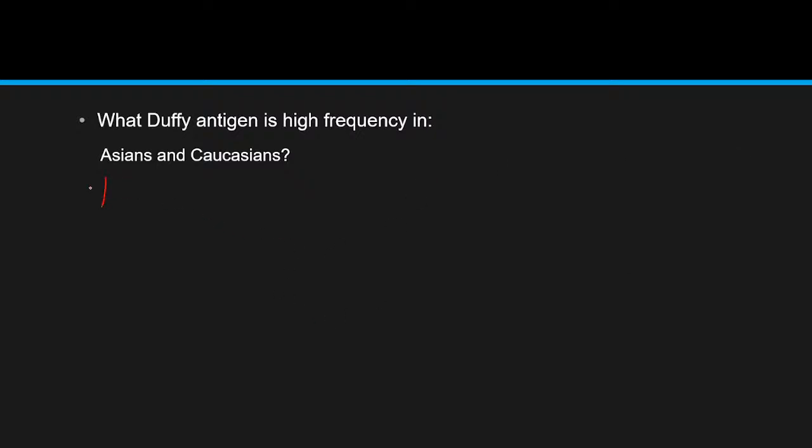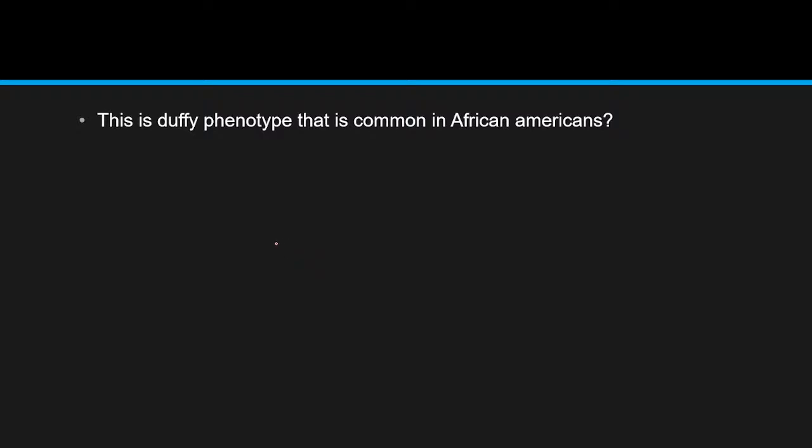The high frequency one for Asians is Duffy A, A for Asian. For Caucasians, it's Duffy B. Now for African Americans, it's actually the null Duffy phenotype, or no Duffy at all.